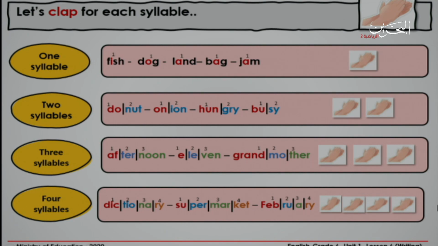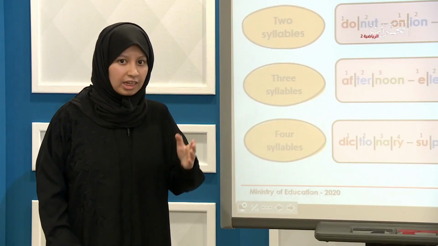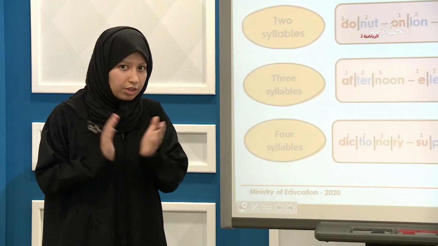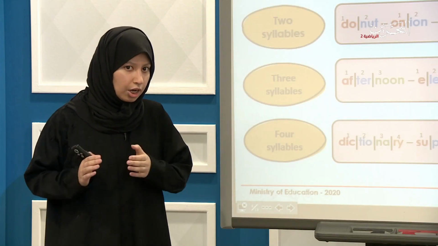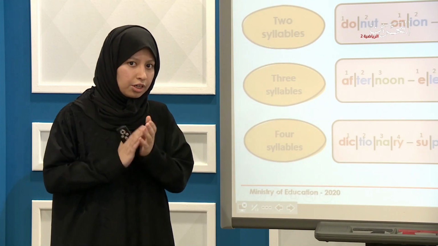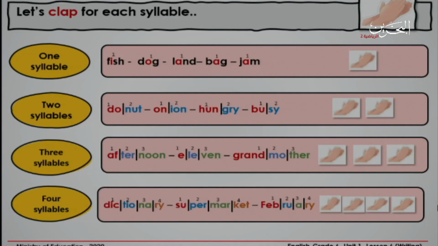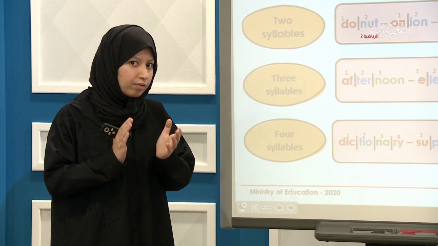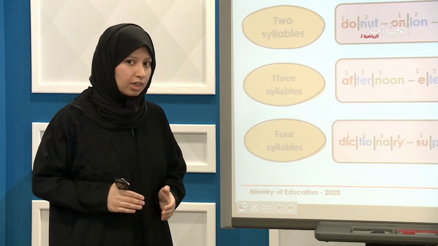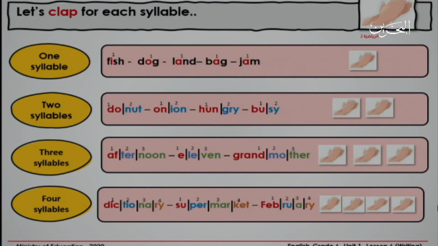2 syllables, donut. Let's clap, donut. Another example, onion. 3 syllables, afternoon. Another example, elephant.